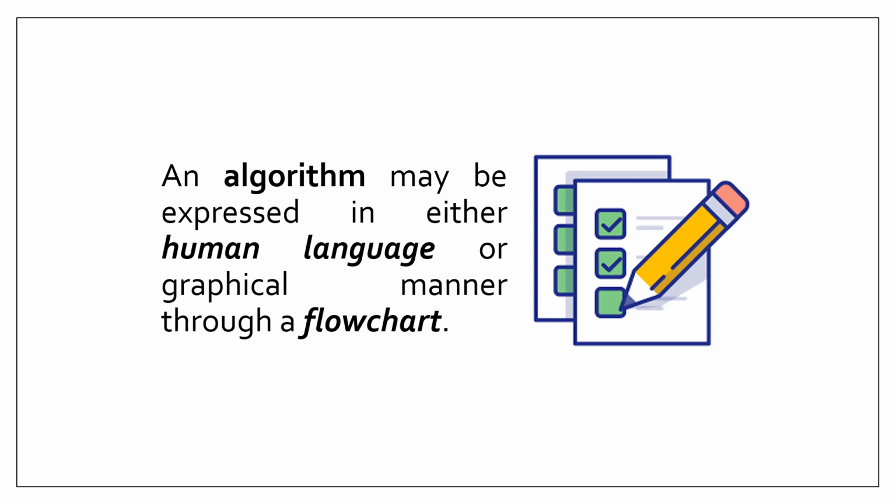Now, in developing or writing algorithms, we can do that by using a simple human language such as English. And then we can also do that in a graphical manner through the use of flowcharts.